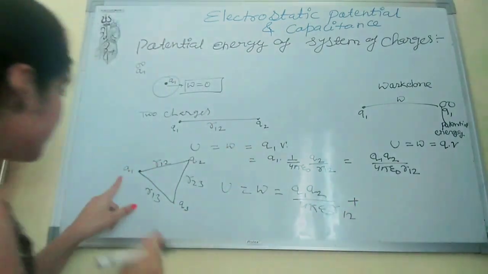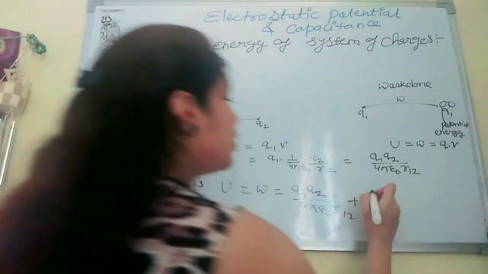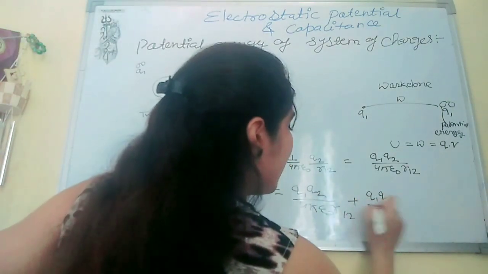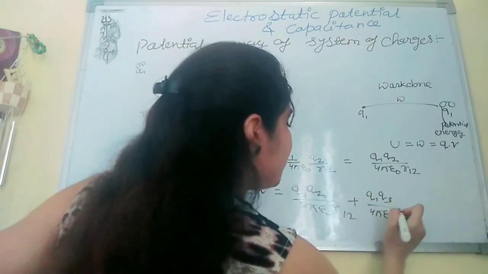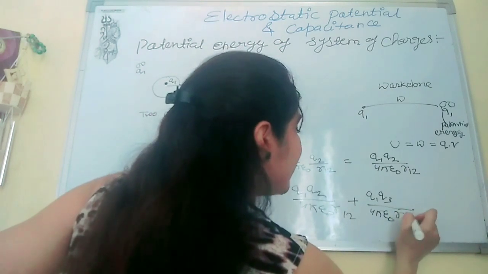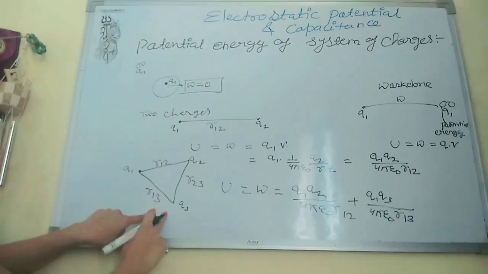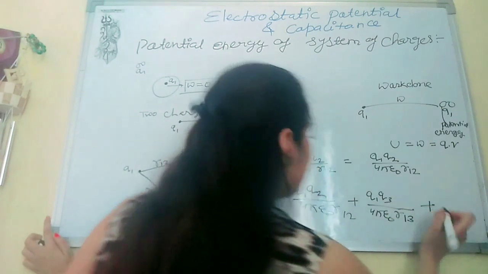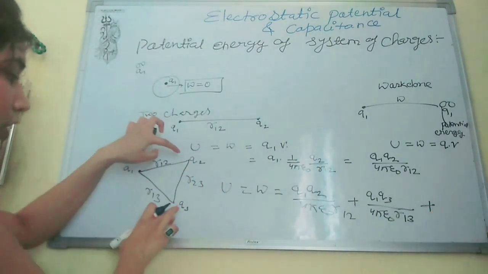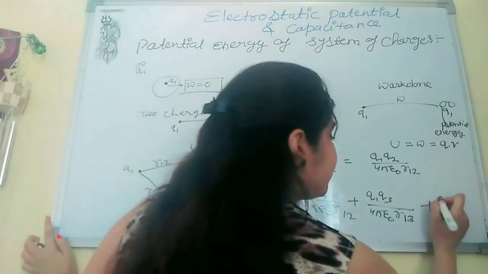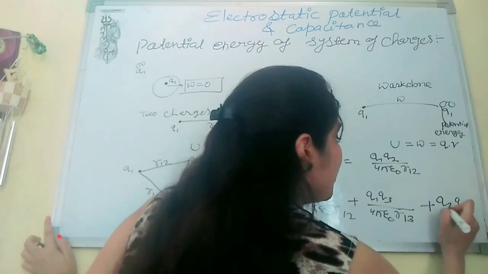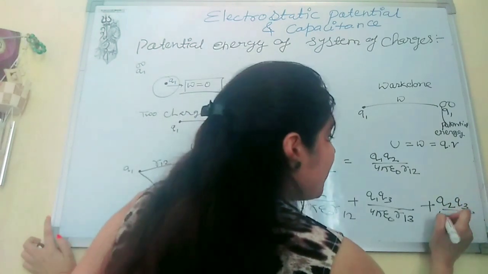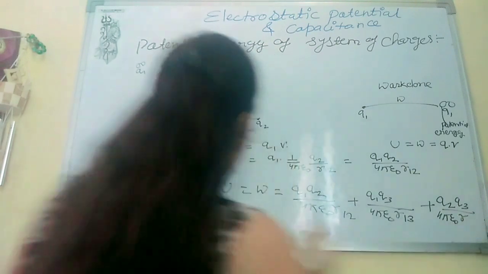Now because of this, that will be Q1 Q3 upon 4 pi epsilon naught R13. The distance is R13. Again, because of these two, Q2 into Q3 upon 4 pi epsilon naught R23.